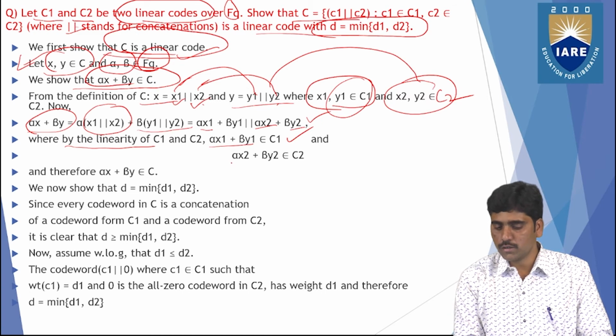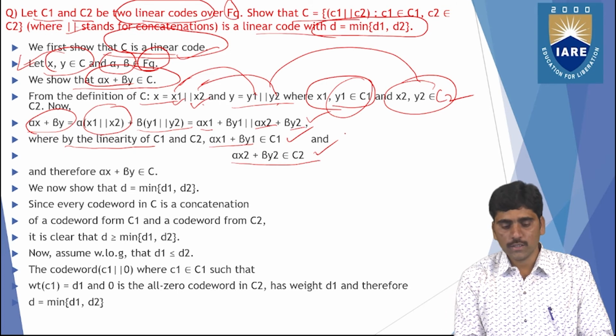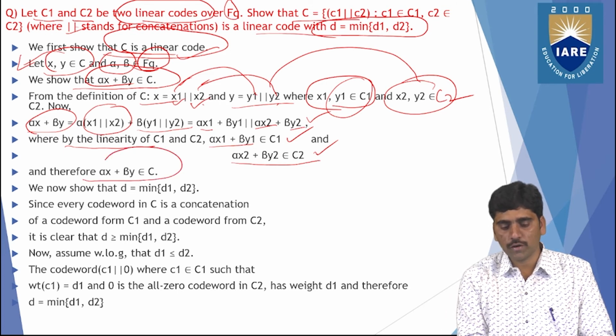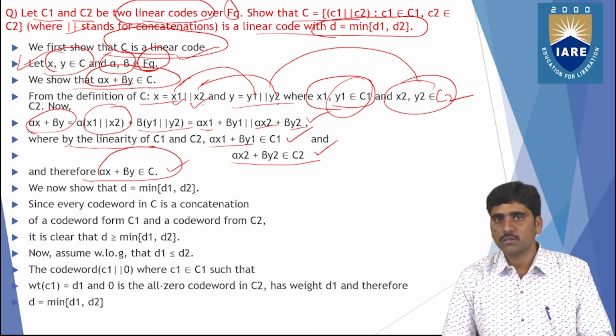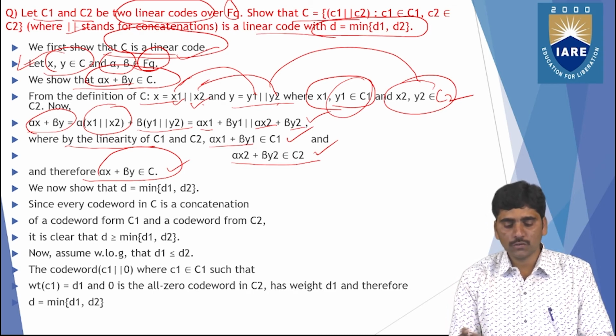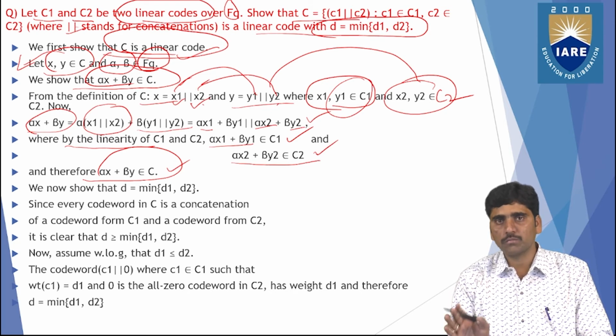Therefore alpha x plus beta y belongs to the C group. Now we have shown that alpha x plus beta y belongs to the same group, that is C.